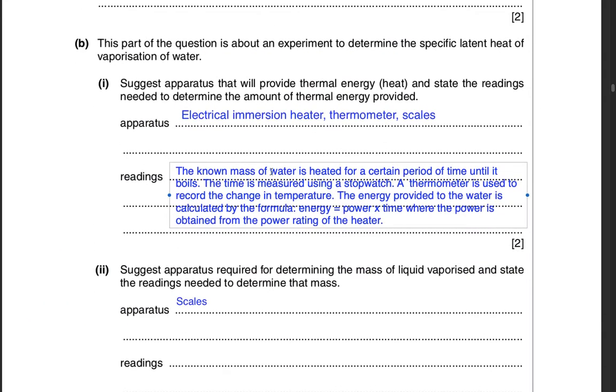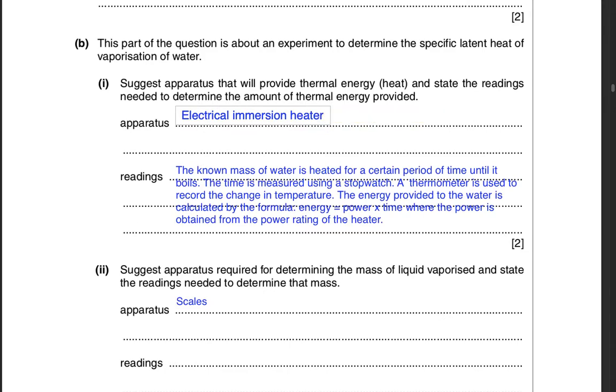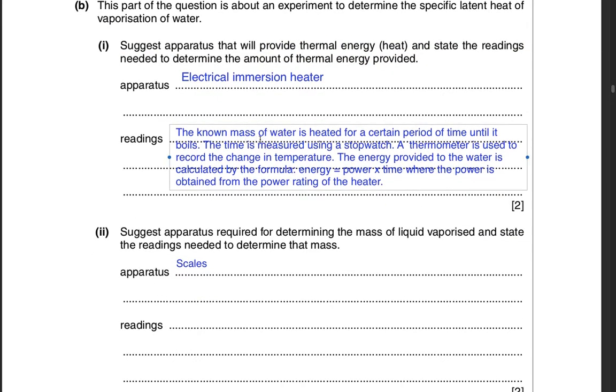The known mass of water is heated for certain intervals. The time is measured.